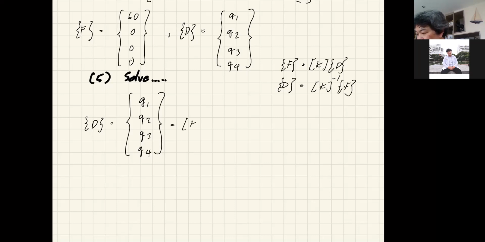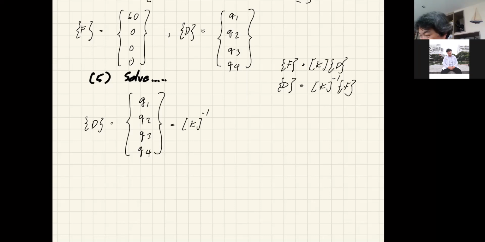You need to find the inverse of your stiffness matrix. And if it is symmetric, you can certainly find your inverse. If it isn't, something is wrong. If the inverse cannot be calculated, you're done, okay?